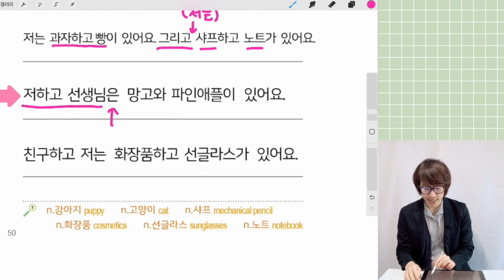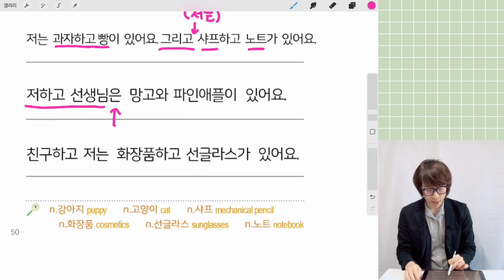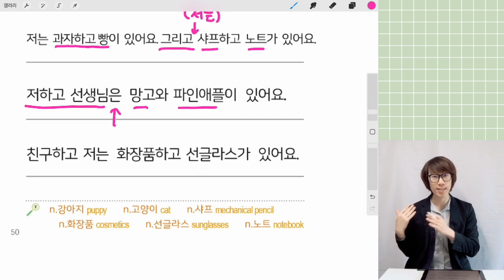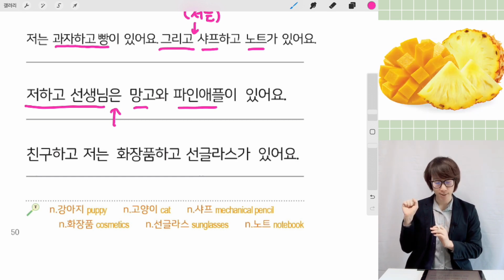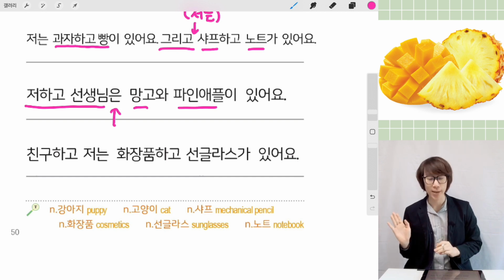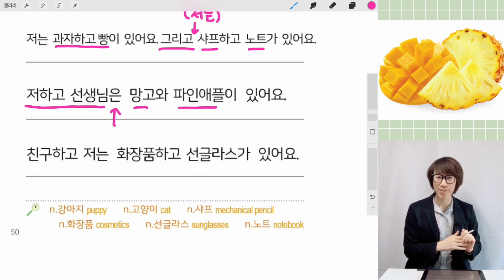In the next sentence, 저하고 선생님은 망고와 파인애플이 있어요. So 저하고 선생님은 is the subject, and mango, pineapple이 있어요. I and teacher have mango and pineapple.